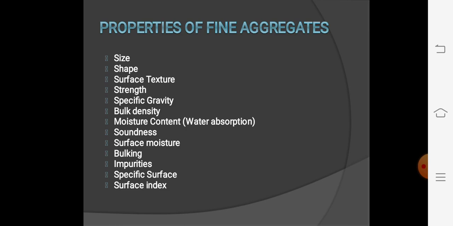So in that there are a total of 13 properties of fine aggregate.